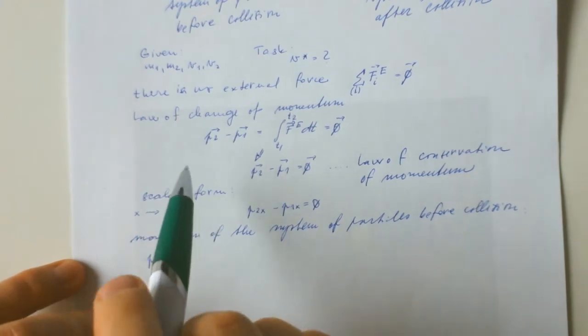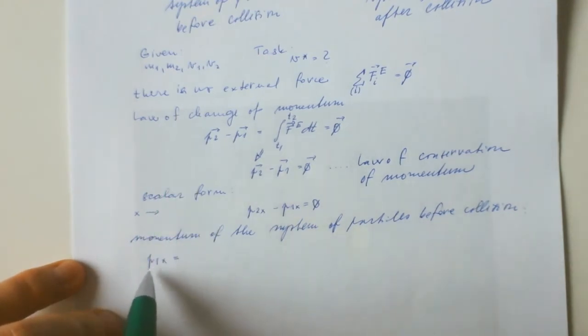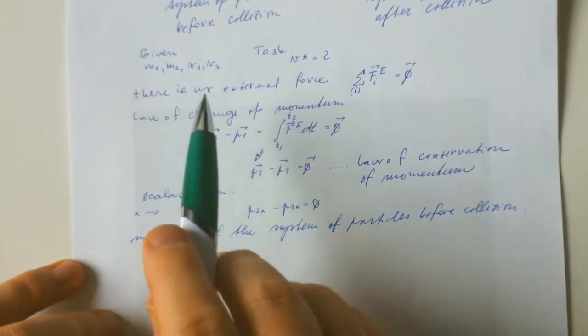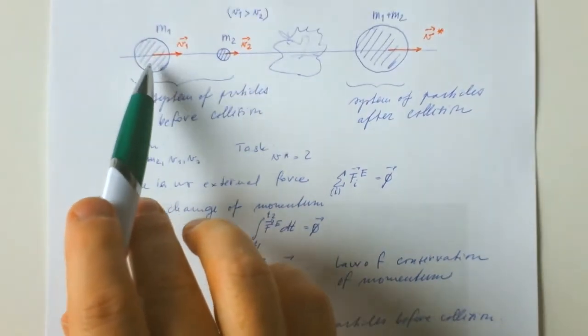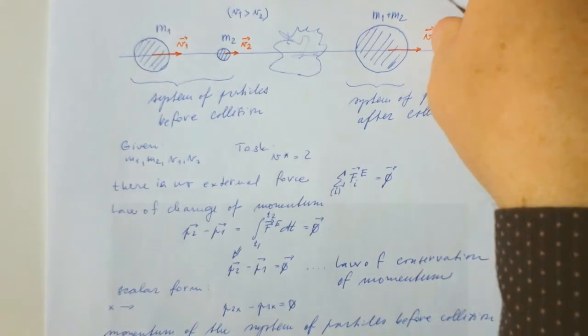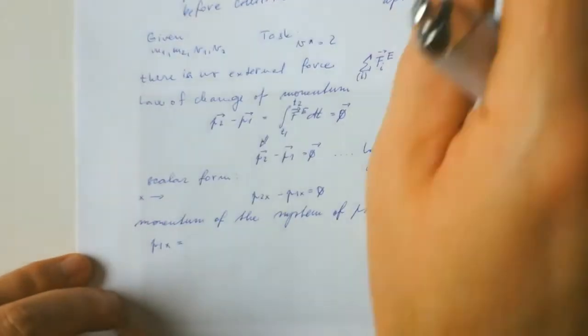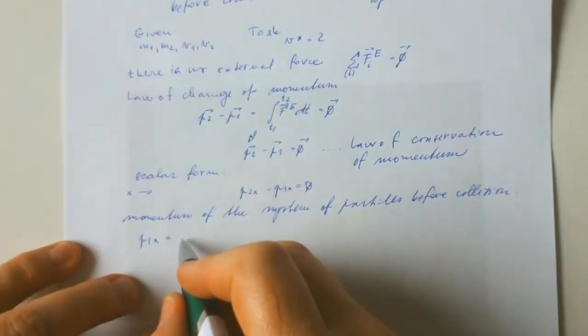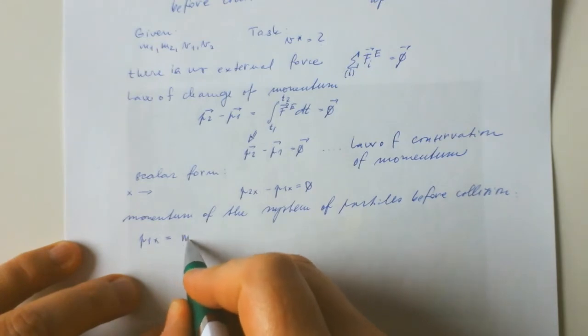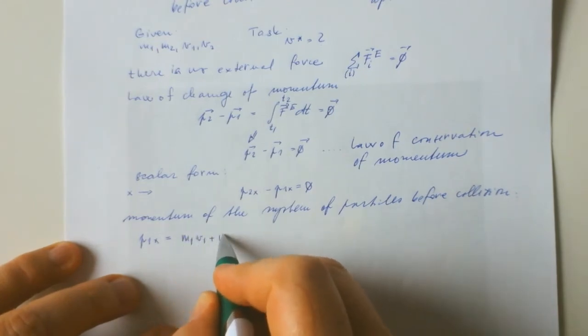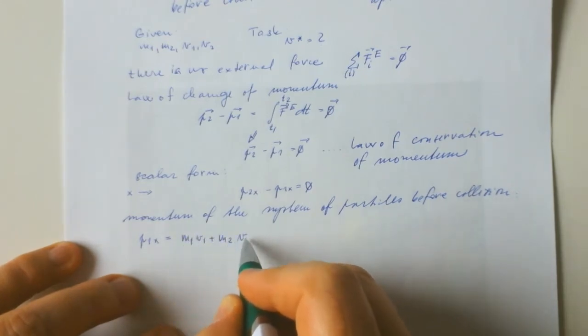As we know, the total momentum of a system of particles is given by the sum of the momenta of the individual particles, so it is m1 v1 plus m2 v2.